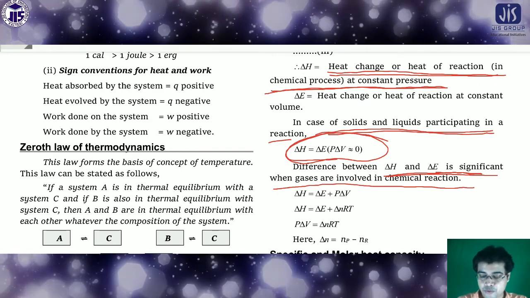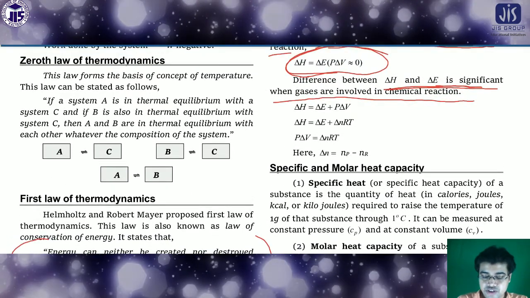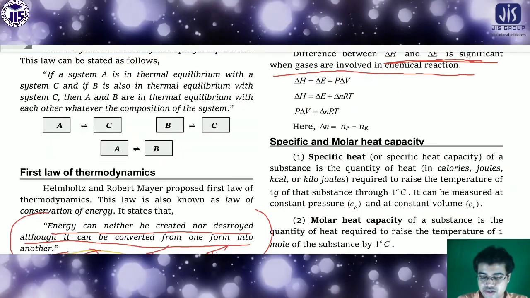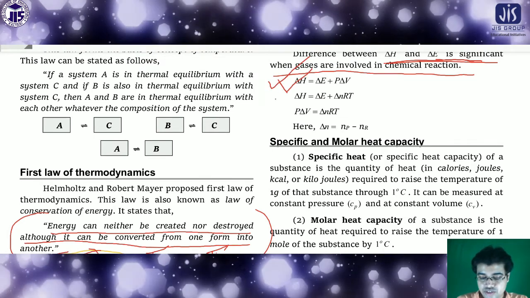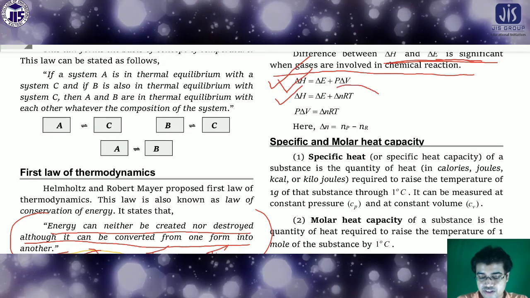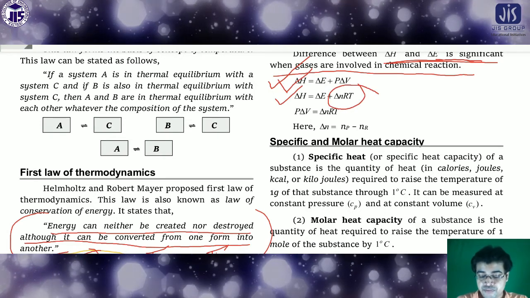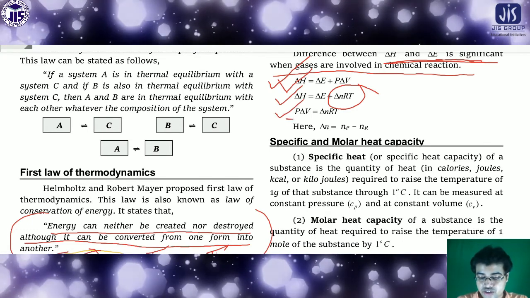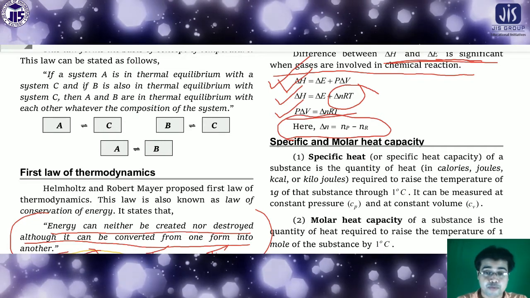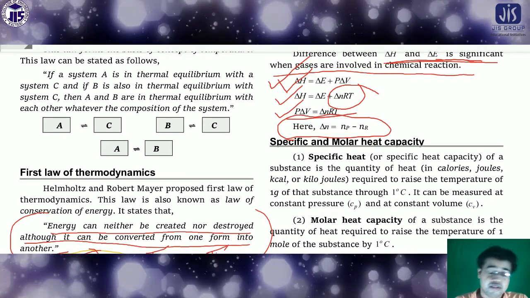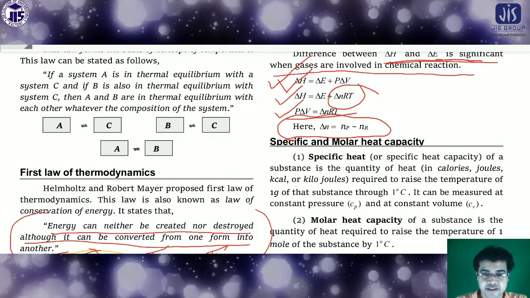How I am showing you: delta H equals delta E plus P delta V. You know this. P delta V equals delta n RT, where delta n equals n_P minus n_R, that is, number of moles of product minus number of moles of reactant, which you have to keep in mind.